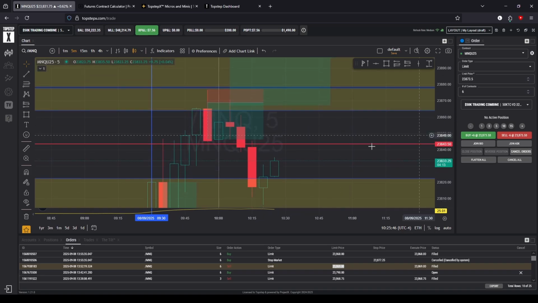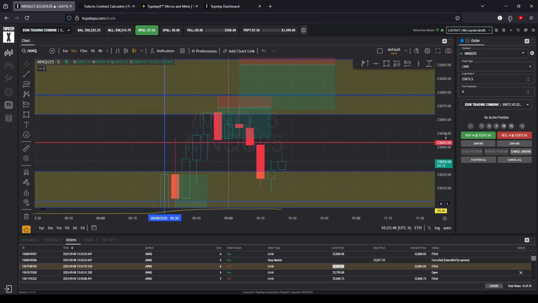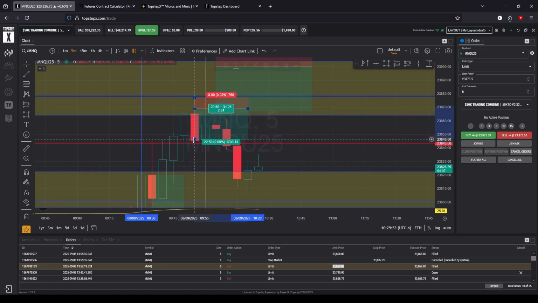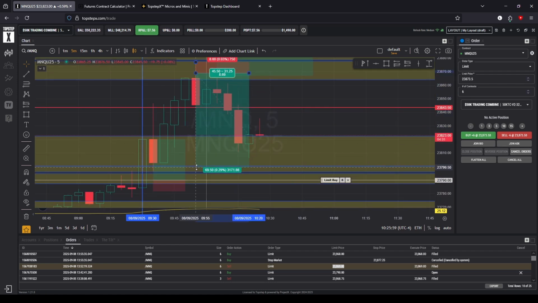And then it would have gone down here. It's nearly 600. I could have probably held it or followed it with my stop loss down to here, but it's a bit unrealistic.